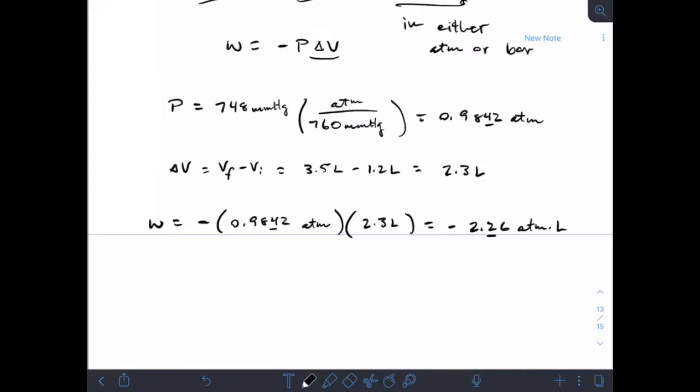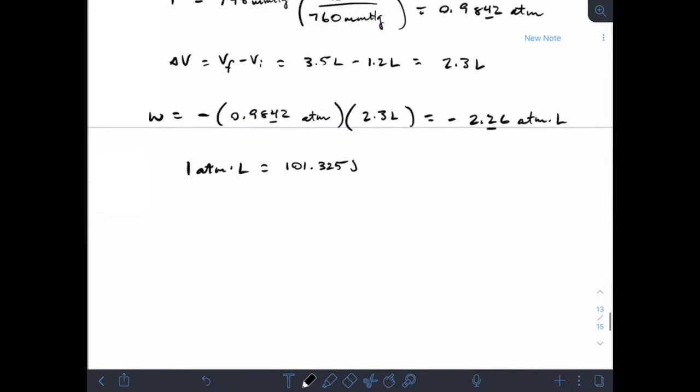Okay, so the question wanted the energy in joules, and we have our conversion of 1 atmosphere liter is exactly 101.325 joules. So we do a simple conversion here: negative 2.26, tracking at the second sig fig, atmosphere liters. We're going to put atmosphere liters on the bottom, so 101.325 joules in 1 atmosphere liter.